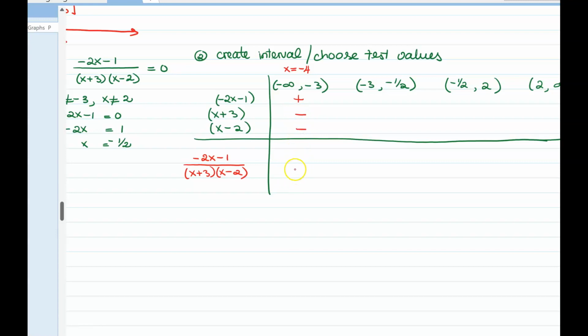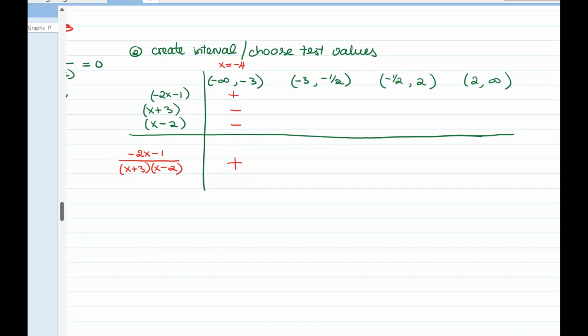So hence this interval results to be positive. The next interval, let's choose x equals negative 2. This is positive, positive, negative. So then this interval is negative.